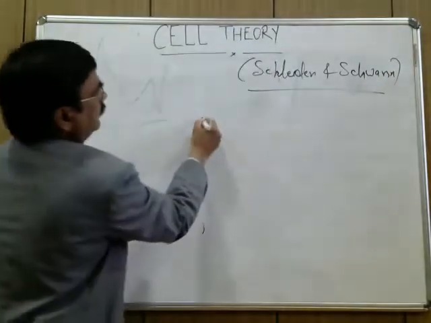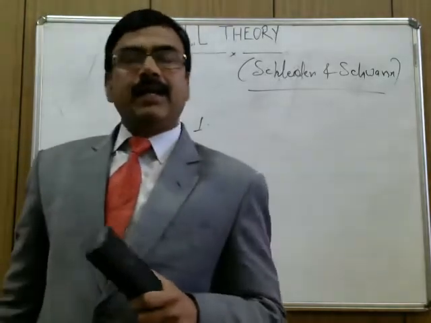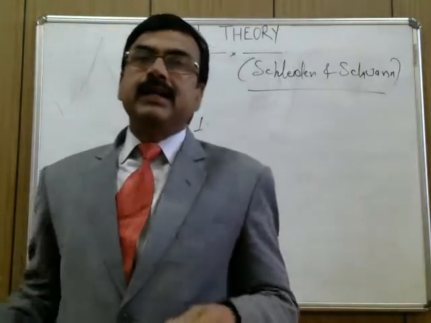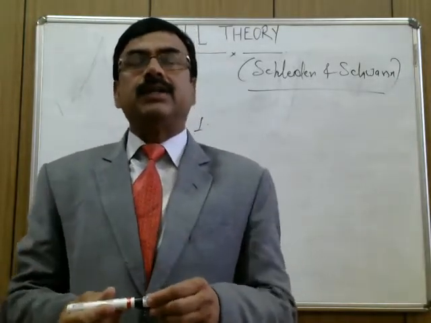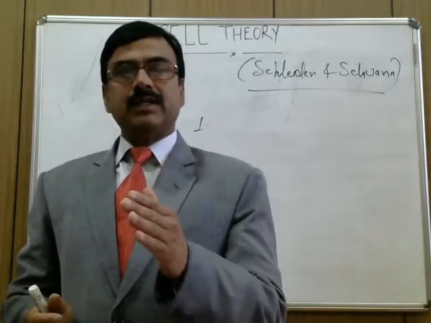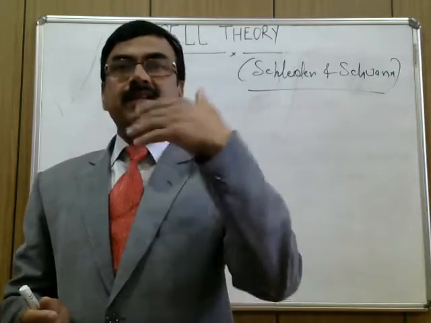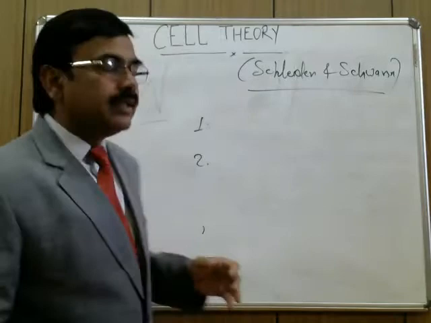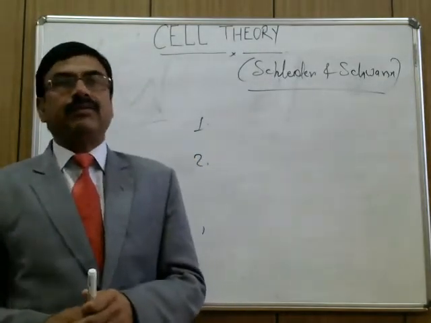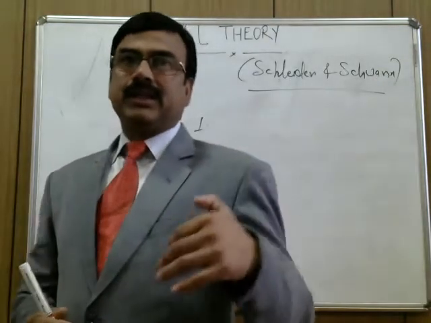And it's clear that every cell arises from a pre-existing cell, and every cell is a structural and functional unit of life. So in the cell theory you will mention two postulates: one is that every cell arises from a pre-existing cell, and second is that the cell is the structural and functional unit of life. Scientists Schleiden and Schwann have given this cell theory, right?